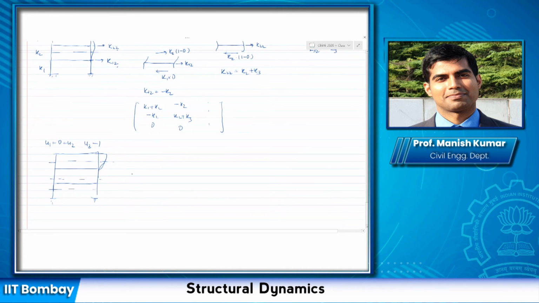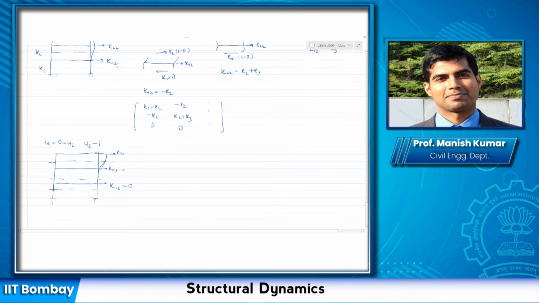So I can directly say that K13, K23, K33 are the forces required, because for the deformation at degree of freedom 3, we are finding out at each degree of freedom 1, 2, 3, what are the forces. So K13 directly I can say is 0.